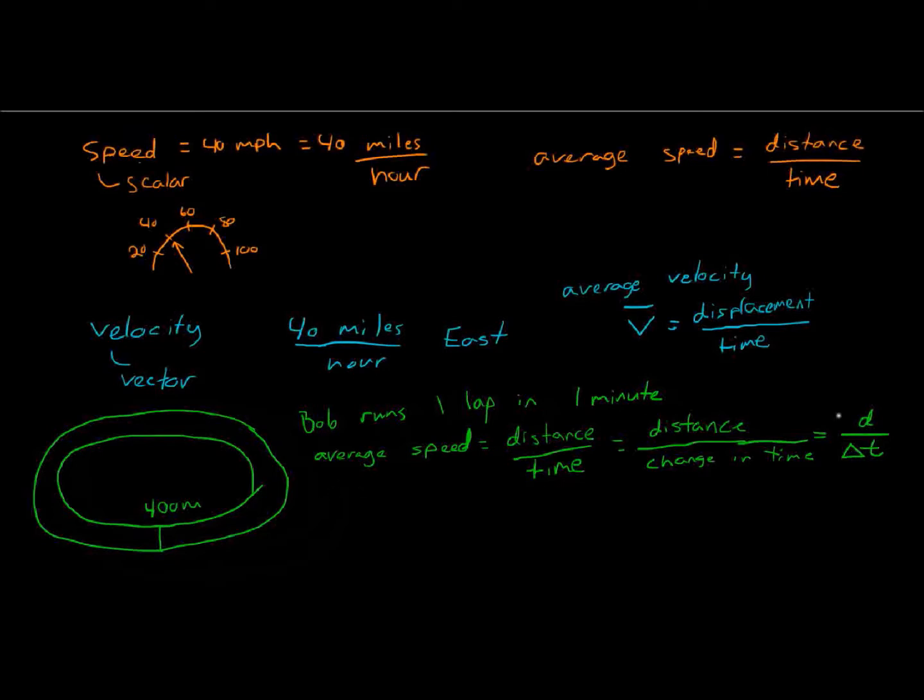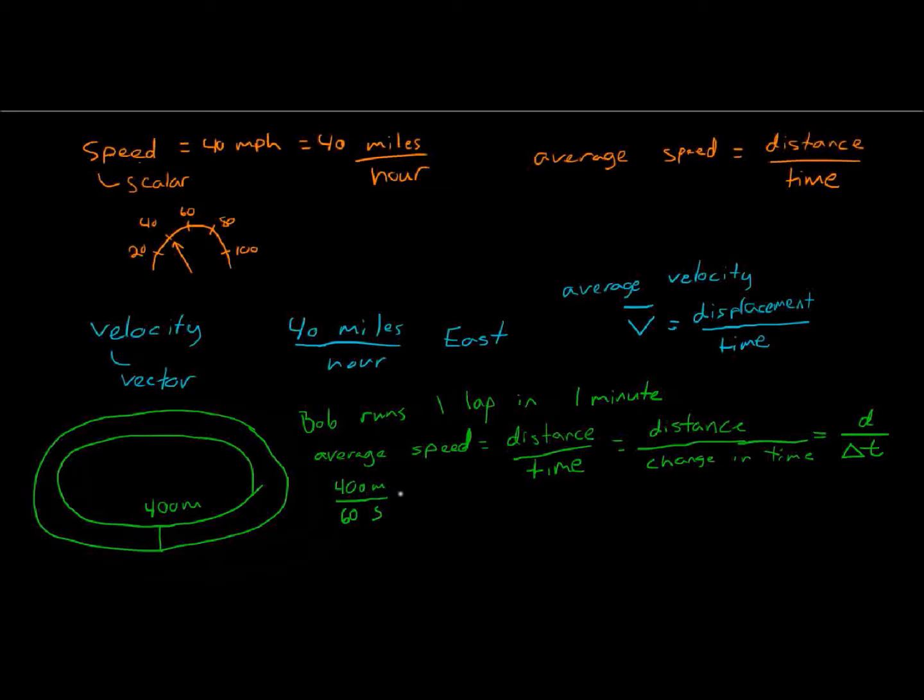So now let's do that. If average speed is distance, which is 400 meters, divided by the change in time, which is 60 seconds, because typically we'll give stuff in meters per second, where seconds is the SI unit for time, and meters is the SI unit for distance and displacement.